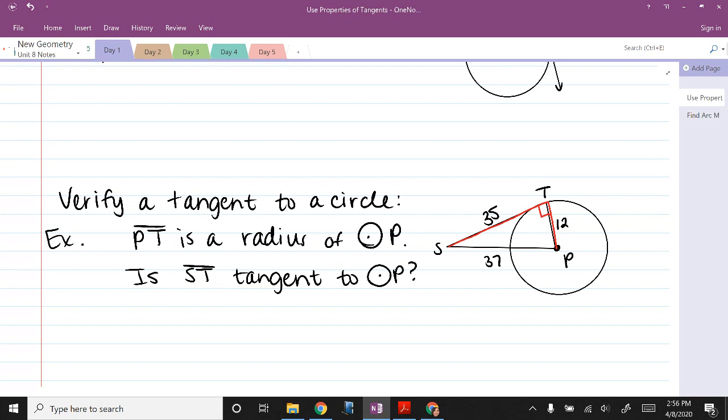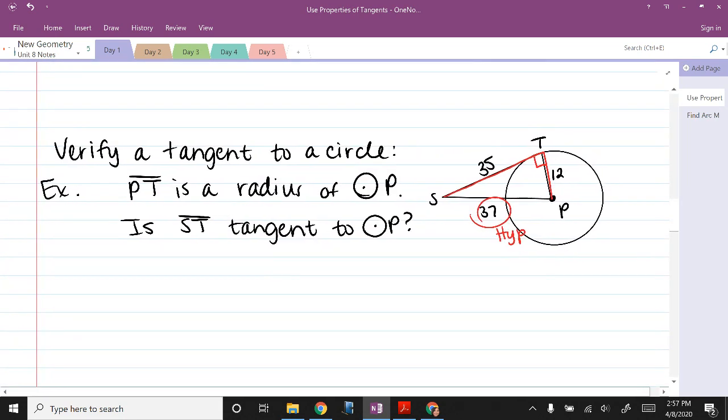So the radius would be a leg, ST would be a leg, and SP right here would be the hypotenuse. So we're going to test out the Pythagorean theorem. If the Pythagorean theorem is true for this triangle, then it is tangent. So I'm going to test it out.